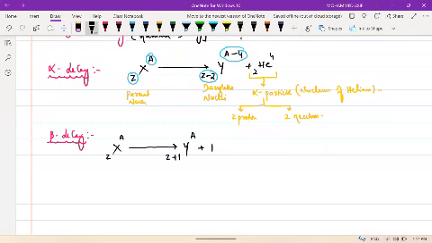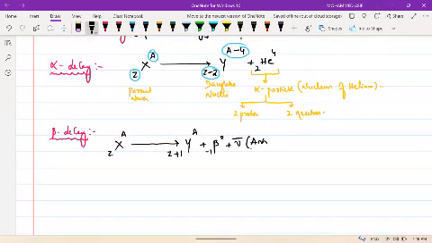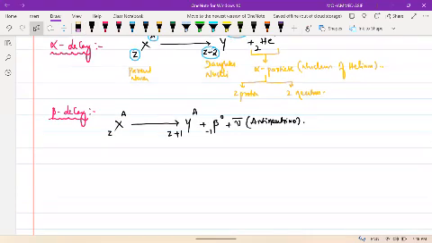Plus, we get a beta particle, beta with 0 and minus 1, and an anti-neutrino represented by nu bar. This nu bar is called the anti-neutrino. Clear?